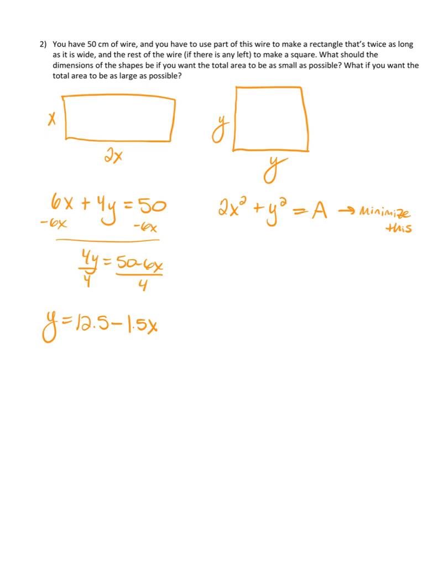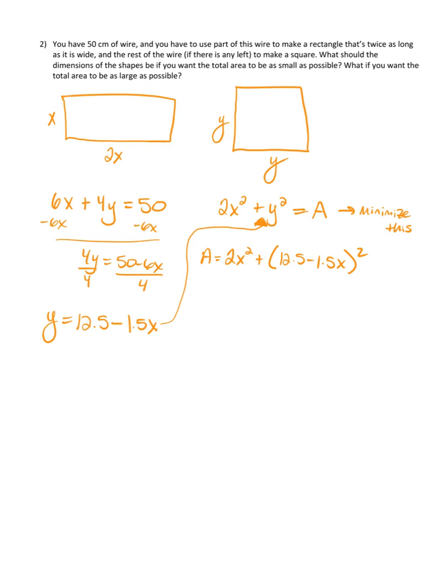So y is 12 and a half minus 1 and a half x, and I'm going to plug that in right here. Instead of y, I'm going to put this expression with x's in it. So I've got area equals 2x squared plus, instead of y, I have 12.5 minus 1.5x squared.